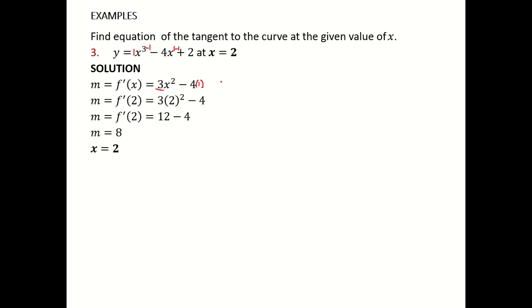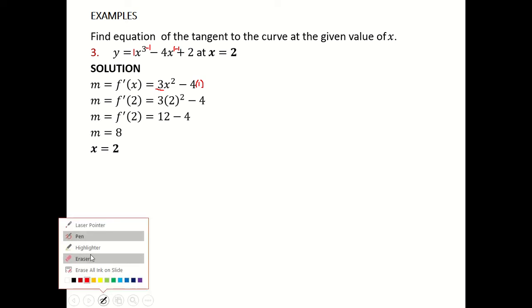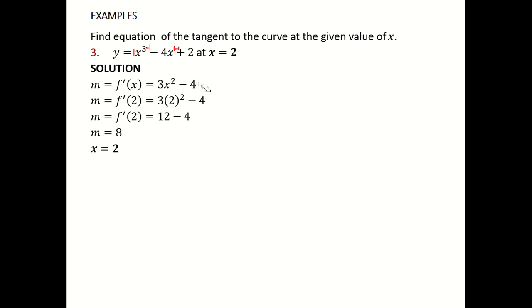You do have the x coordinate, you're missing the y coordinate. How do I find the y coordinate? You will take this x coordinate and substitute it into the original equation. It will give you the y coordinate, which is equal to 2.